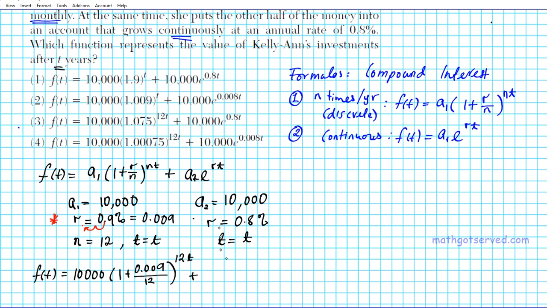So in this particular case, we're going to have A2, which is 10,000 e to the r. The rate is, should I put 0.8 here? The answer is no. Remember, we talked about this earlier, that the percentage must be changed to decimal form first. So 0.8% is 0.008.